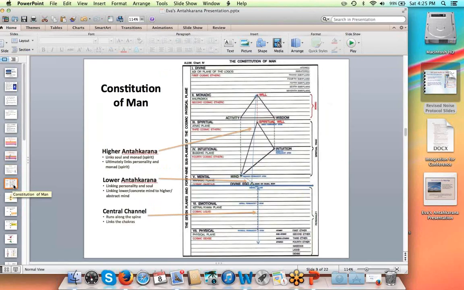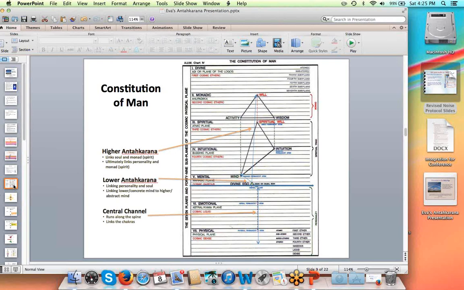Okay, so this is a chart that at first glance you go, oh my God, what is this? This is a chart that eventually, if you haven't yet become totally familiar with, you will. This is the chart that represents the constitution of man, which is who we are. This is the chart that is the physical, etheric body, so to speak, of our planetary life.